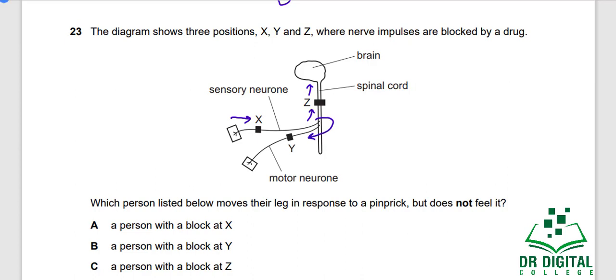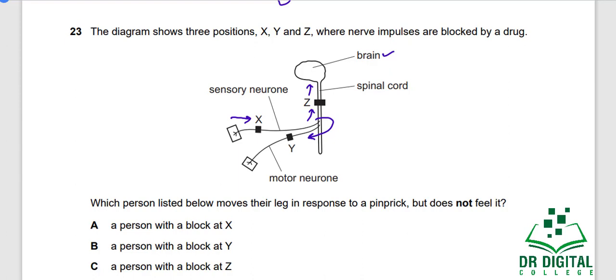Which person listed below moves their leg in response to a pin prick but does not feel it? You know that the sensation or the feeling is the job of the brain. Our spinal cord is not involved in the feeling, it is involved in the reflex arc. So if it is cut at Z, then feeling will not be there, but the leg will be moved because reflex action will occur.